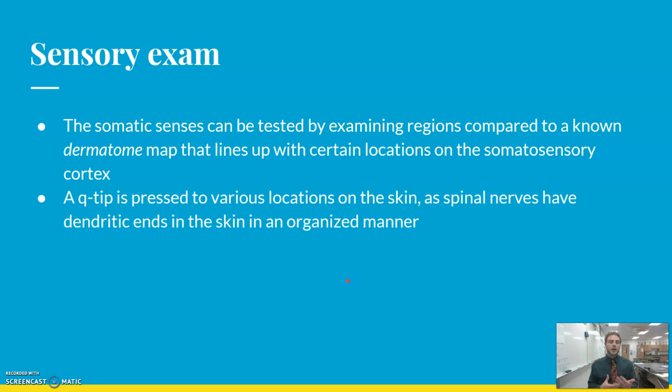How a sensory exam goes, you have a dermatome map, and you take a Q-tip and you press on various locations of the skin. Generally, you start the most distal as possible. And what you're trying to do is get the dendritic ends to sense that Q-tip is being pressed on the skin.